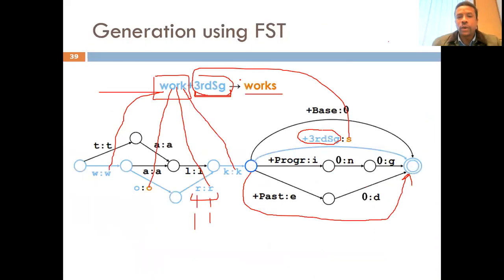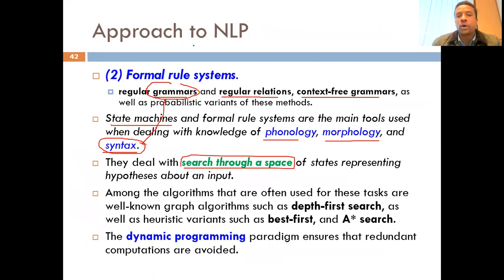So that's why we say that in a finite state model or in a formal rule system, we deal with searching through the space. In this case, we search through the space of the states to associate the input with the output.